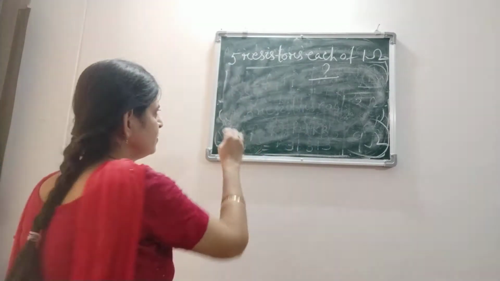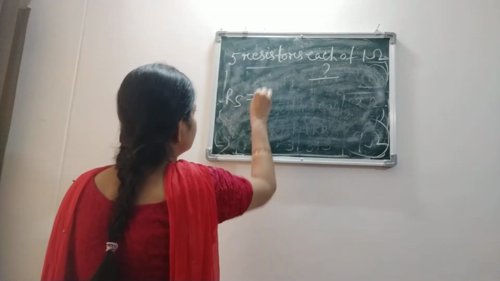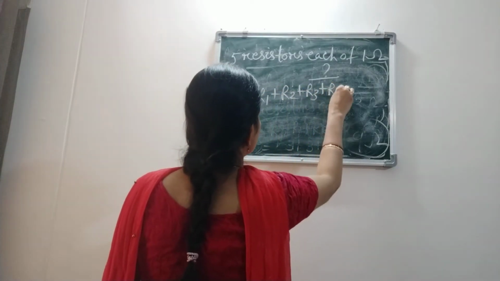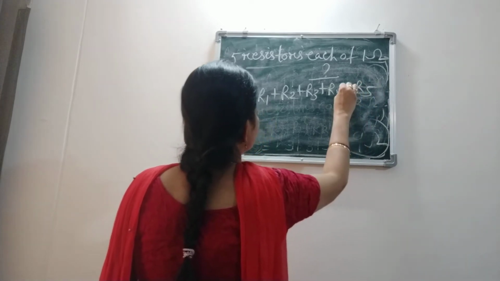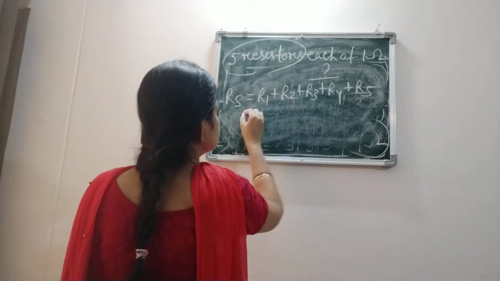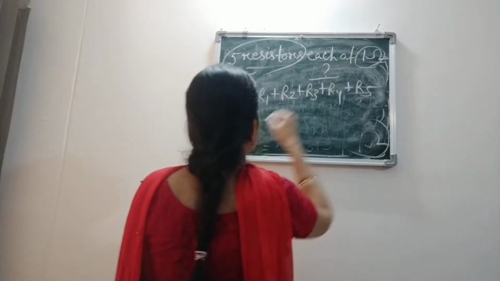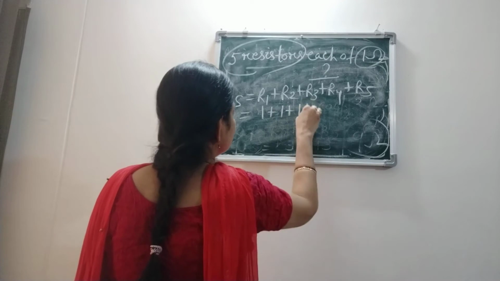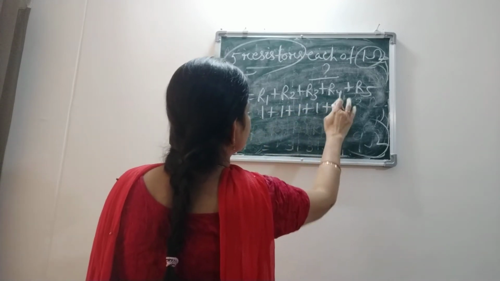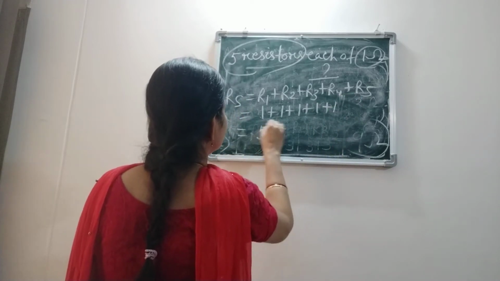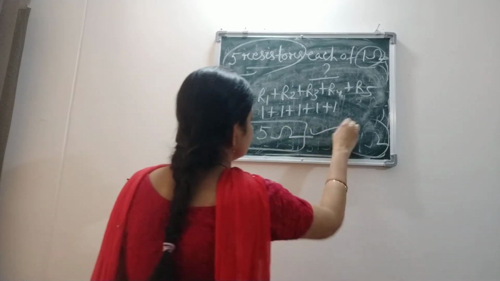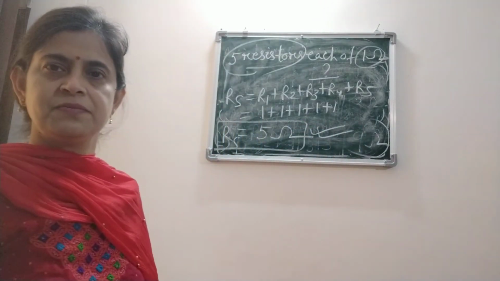Applying the same formula, Rs is equal to R1 plus R2 plus R3 plus R4 plus R5 because there are 5 resistors. Now put the value of each resistance, which is 1 ohm. That means 1 plus 1 plus 1 plus 1 plus 1. So what is the value of the resultant resistance? That is 5 ohm.